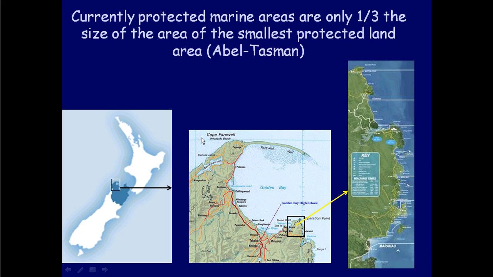So how are we doing anyway? Well, currently in terms of no-take protected marine areas, they're one third the size of the area of the smallest protected land area, Abel Tasman. So here's the Abel Tasman Park. Here is the area where the Abel Tasman Park is located, and here is the area of New Zealand.